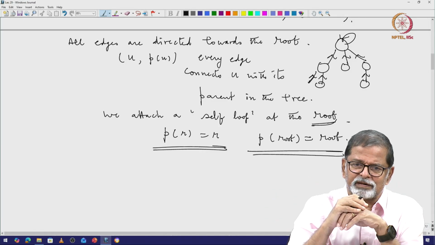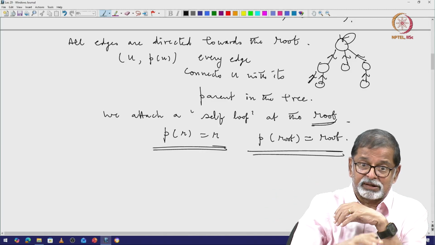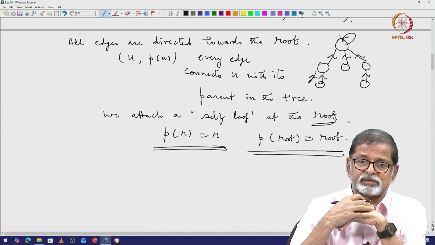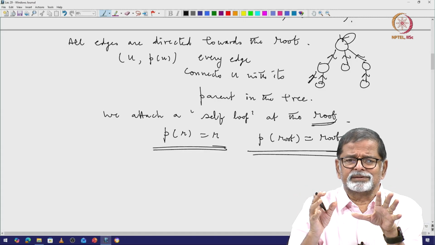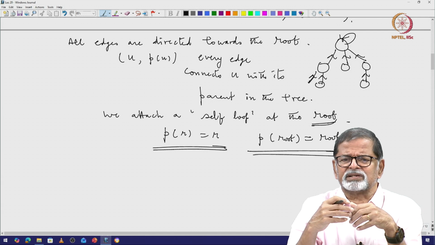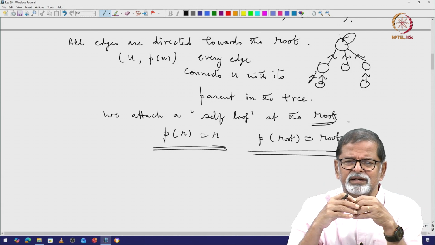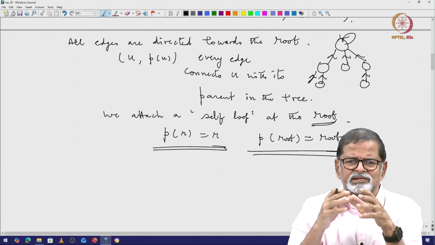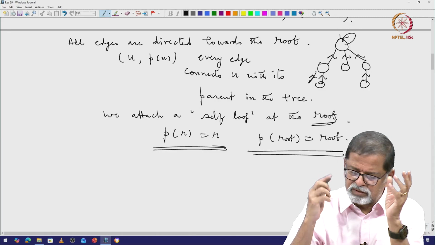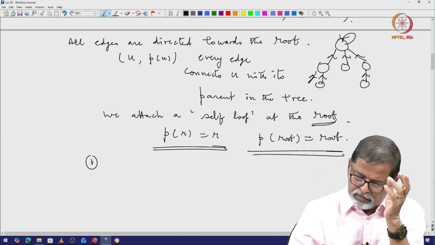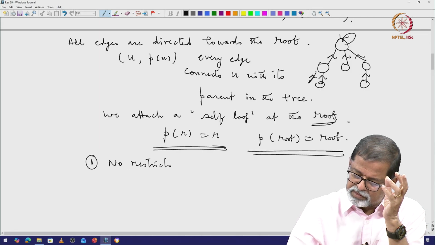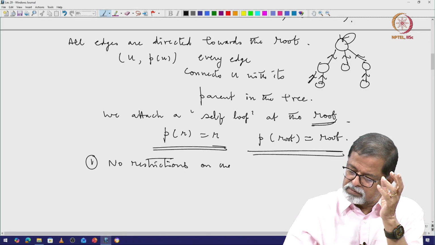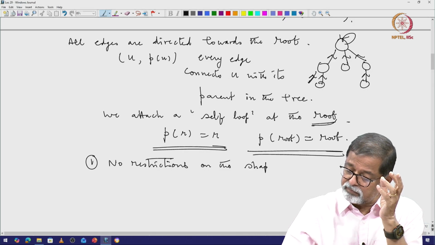Very simple representation. Pictorially, it is going to be like this. The trees can have arbitrary shape. A node can have several children, and there is absolutely no restriction or condition on the shape and size of the tree.